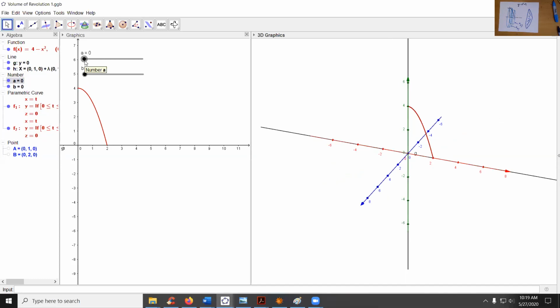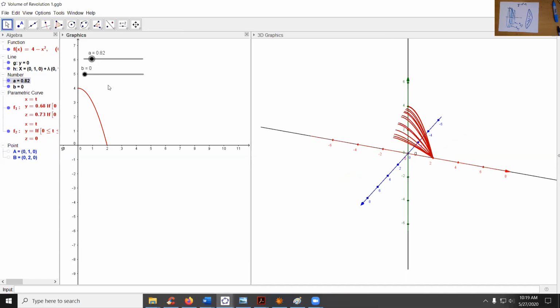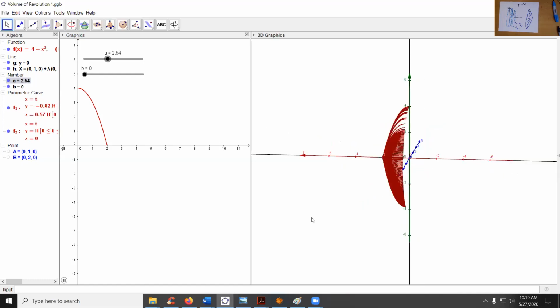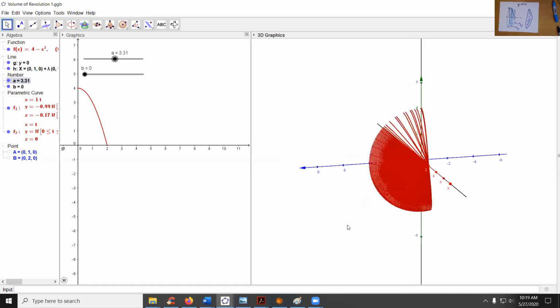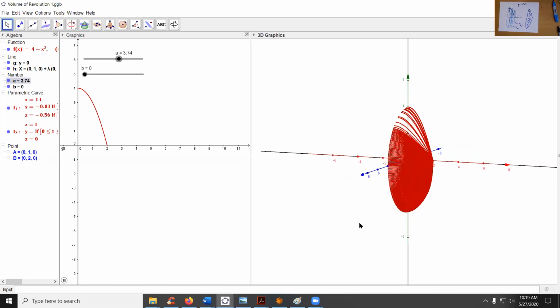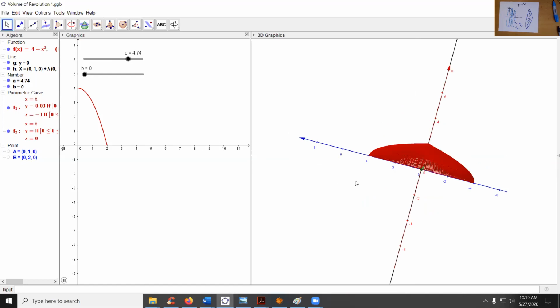I'm going to spin this thing around the x-axis. And as you can see, it makes this kind of dome-looking shape.